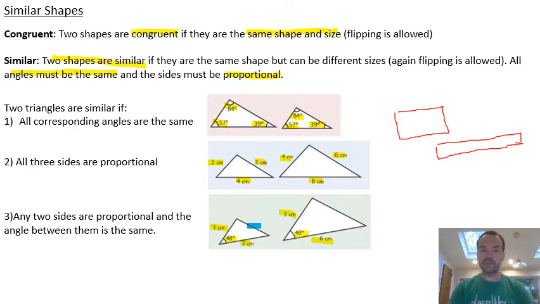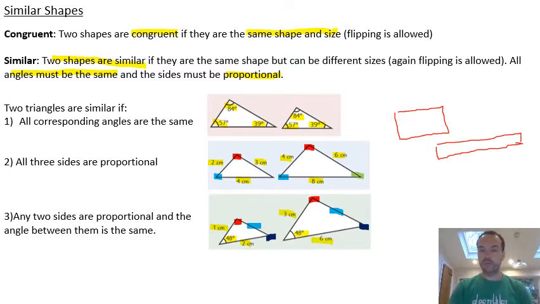It means this side and this side will be in the ratio 1 to 3. It will mean that this angle and this angle are the same. It will mean that this angle and this angle are the same. In the same way that in the triangle above, because all the sides are in the same proportion, the angles will be equal, and the third angle will be equal.